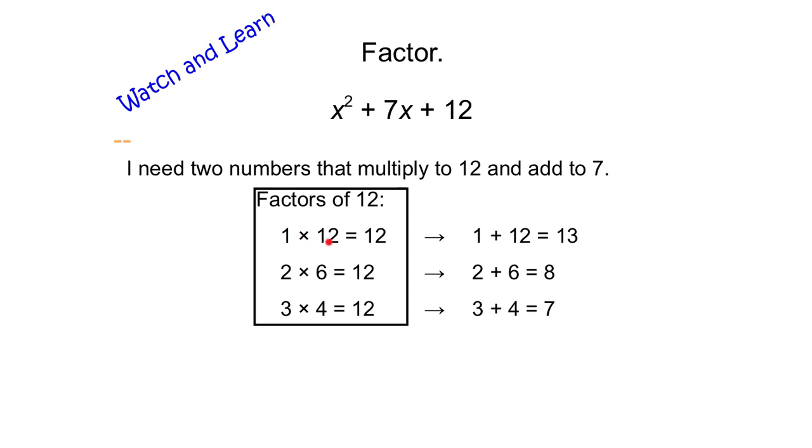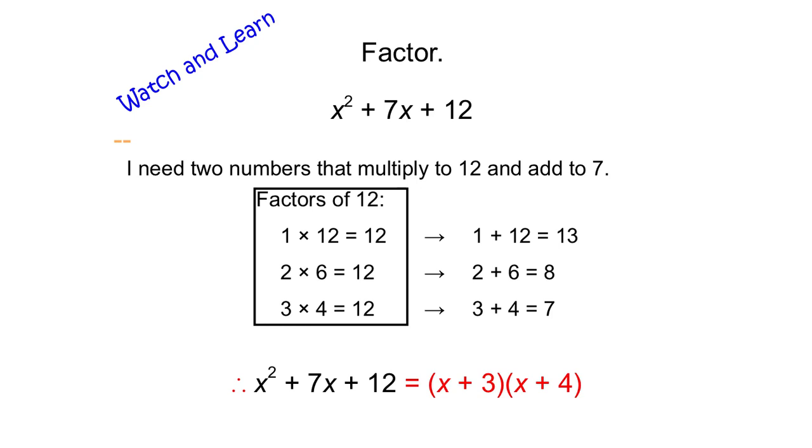So a 1 and a 12 multiply to 12, but a 1 and a 12 only add to 13, not 7, which I need. 2 times 6 is 12, but 2 plus 6 is 8, not 7, which is what I need. 3 times 4 is 12, and 3 plus 4 is 7. So I've found my two numbers that multiply to 12 and add to 7, 3 and 4.